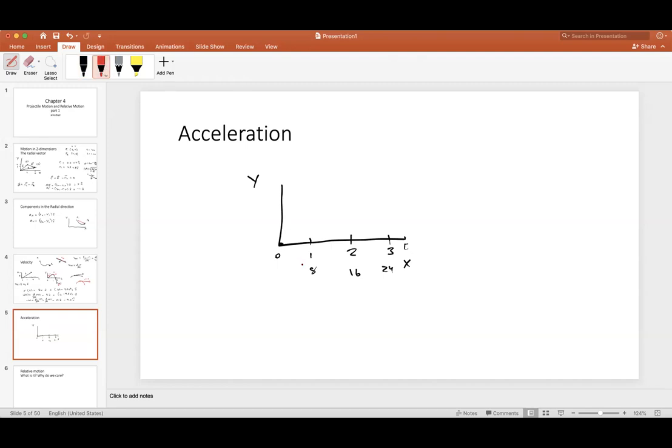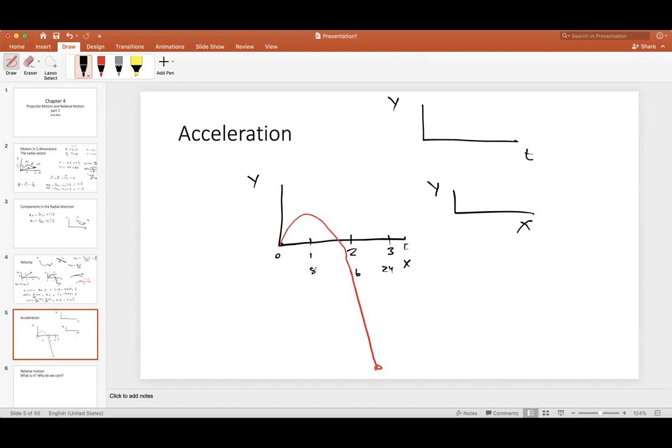In the y direction, however, as we saw, we went up, and then we came down. This is projectile motion. You can graph it either way. You could graph it as y versus t, or you can graph it as y versus x with a scaling factor, and it will look like this.